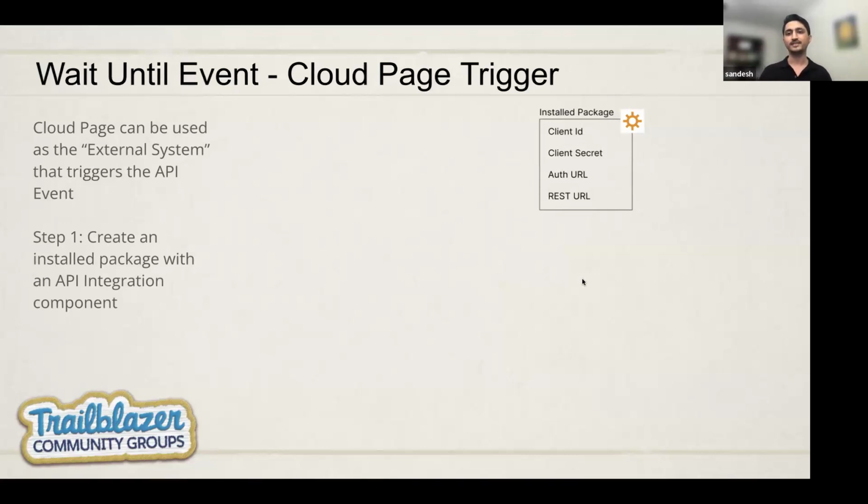The first one is we need an installed package with an API integration component. Installed packages are really the gateway to doing anything API in Marketing Cloud. This will give you the credentials, the client ID and secret, and the URLs that you need to call to make anything happen. Using this client ID and client secret, you'll be first calling the auth URL that's provided to do authentication.